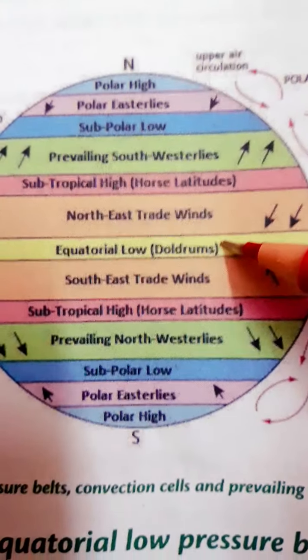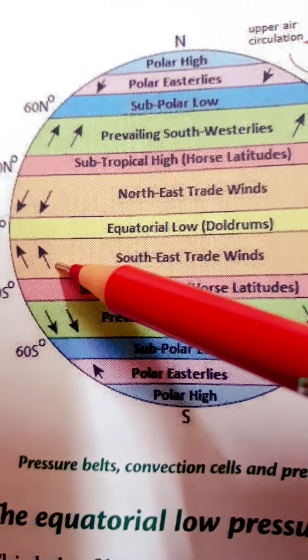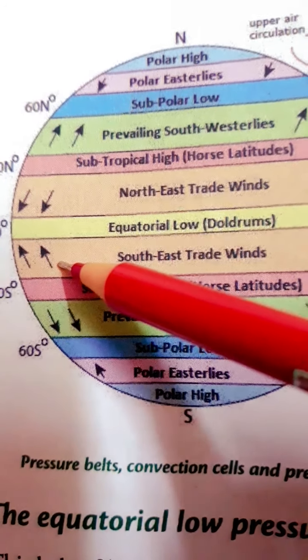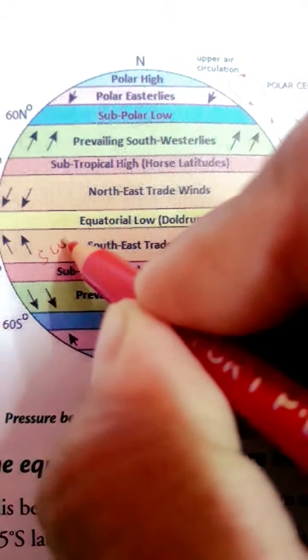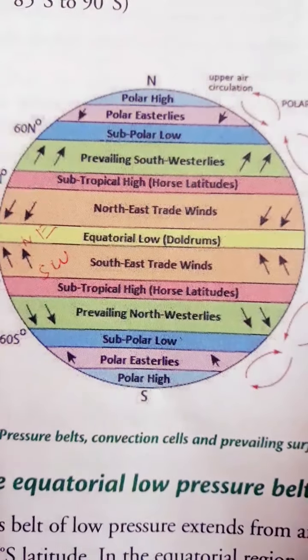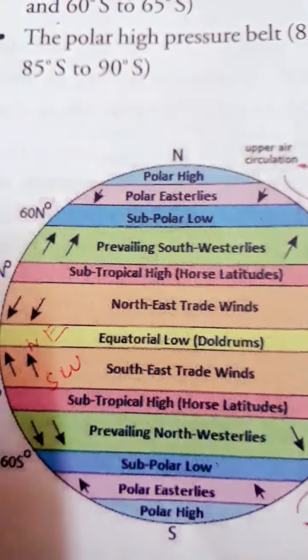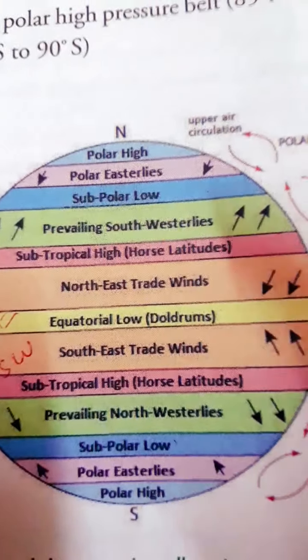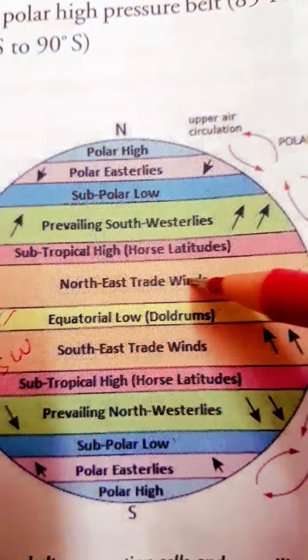And look at this arrow also. In this portion, the winds blow from the southeast to the northwest. Thus, in the northern hemisphere, these winds are called the northeast trade winds.